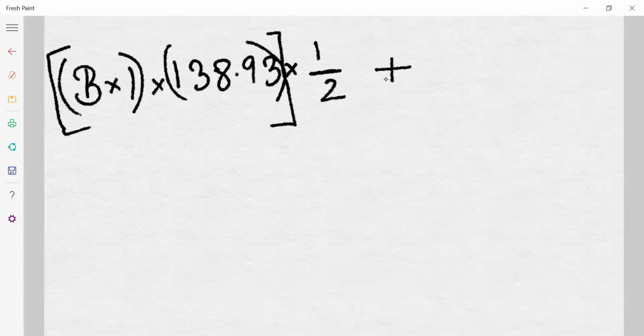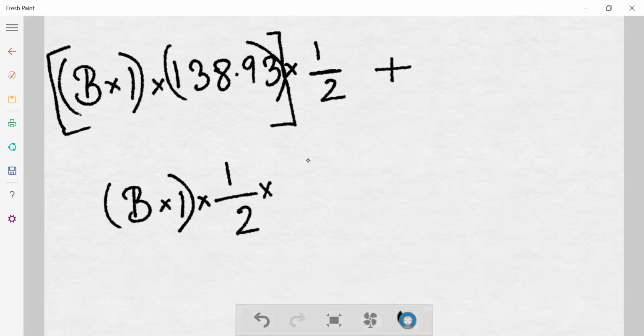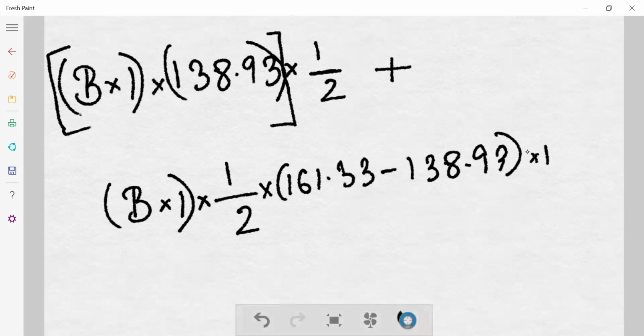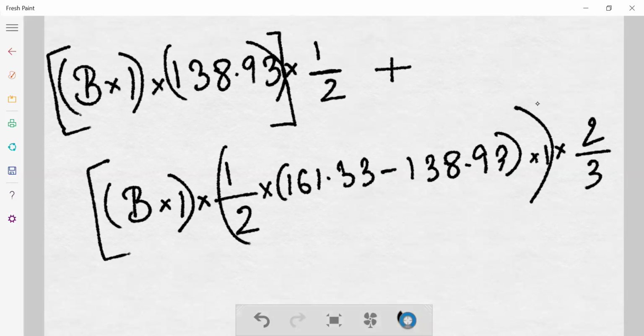Okay, plus for the triangular section, it is B into 1 into, this is the area, and the pressure is half into base into altitude. Since it is a triangular load, 161.33 minus 138.93 into 1 into this one. So area into this pressure becomes the whole load. Okay, so this one is the value. Okay, this is the required equation for the moment.